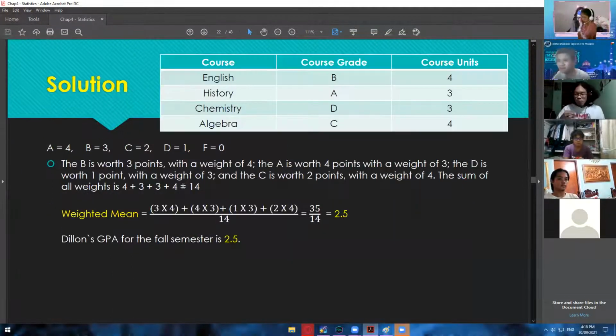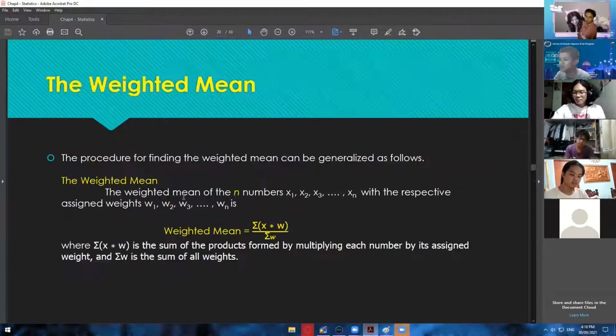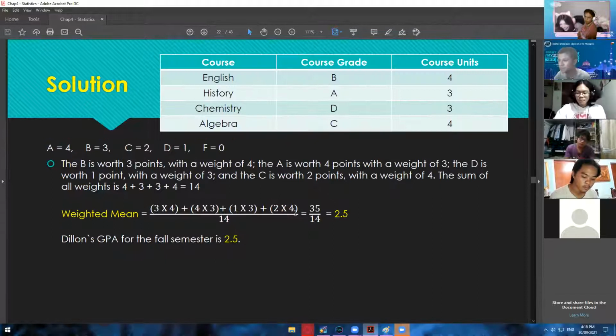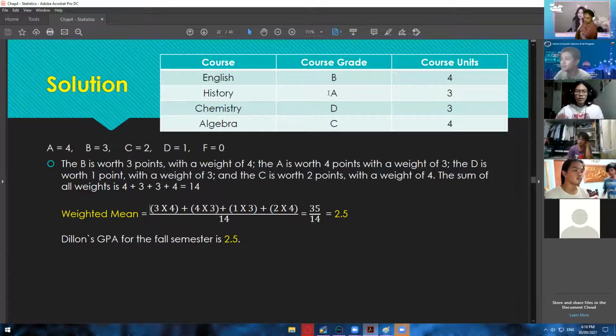So here is the computation. This is the explanation that B is worth 3 points and so on. All you need to do is use this formula, and then you will have this as your solution. For the weighted mean, we have 3 times 4 because letter B is equal to 3, and then 4 times 3 because A is equal to 4 with 3 units, plus 1 times 3 because he has a grade of D in chemistry, and then 2 times 4 for algebra because he has a grade of C, each multiplied by the course units.